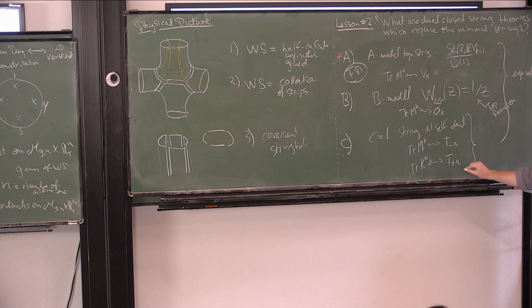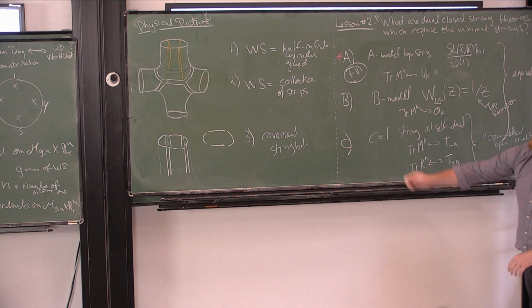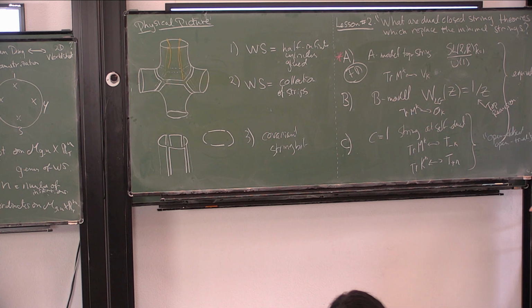The equivalence to c equals 1 came via what we've dubbed open-closed-open triality, which extends the notion of gauge-string duality to saying there might be 2 gauge theories dual to the same closed string theory. The 2 open descriptions in this case are one matrix model dual to another matrix model.